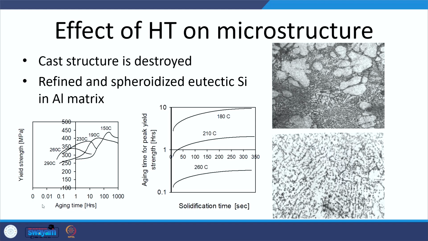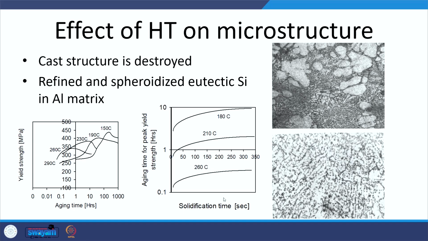Okay, and if we look at the effect of aging time on the yield strength, realized on aging at different temperatures, we see that if we do the aging at lower temperatures, then it takes a longer aging time to realize the maximum yield strength. Increasing the aging temperature reduces the time required to attain the peak strength.